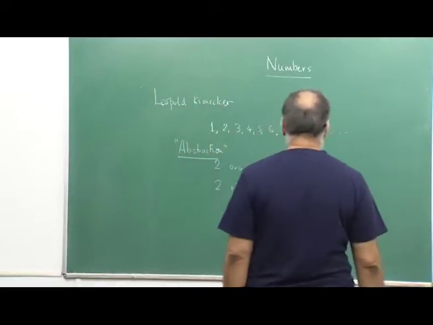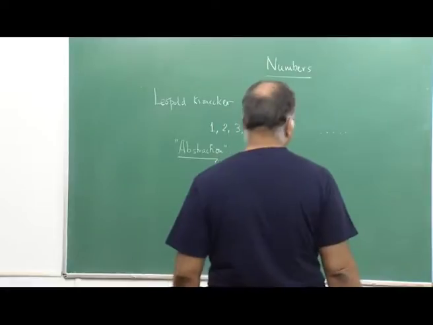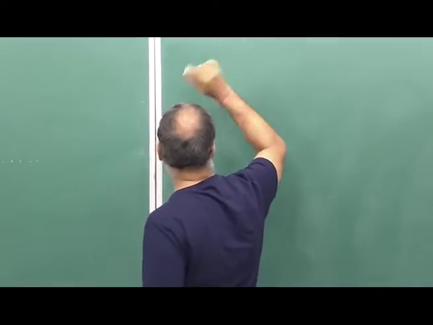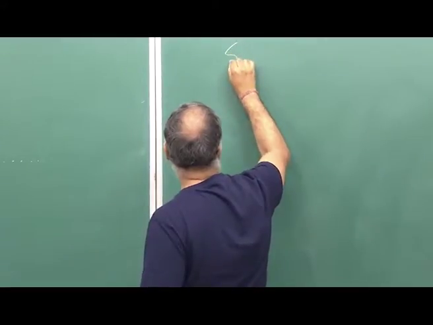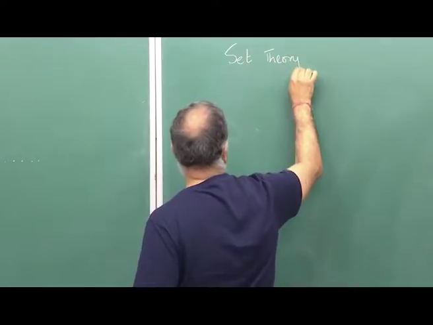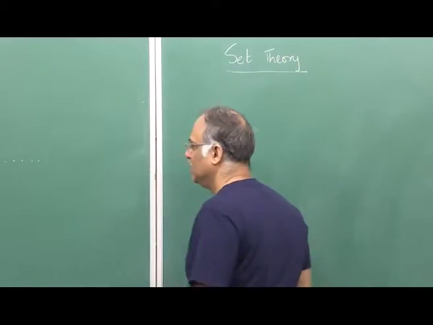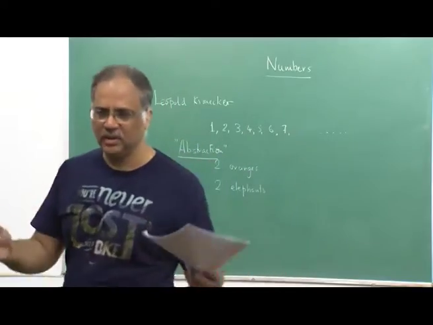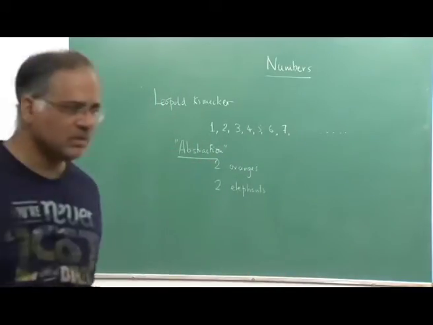However, let us look at it from a modern point of view. From a modern point of view, the mathematical language is the language of set theory. Set theory you must have learnt at school. These are things which contain objects.